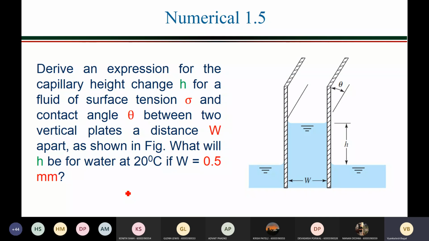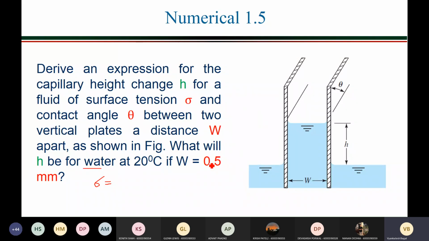Derive an expression for the capillary height change H for a fluid of surface tension sigma and contact angle theta between two vertical plates a distance capital W apart as shown in the diagram. What will be the H, height of the column, for water at 20 degrees centigrade if W is equal to 0.5 mm? So for water I should mention the surface tension for the water and air interface.